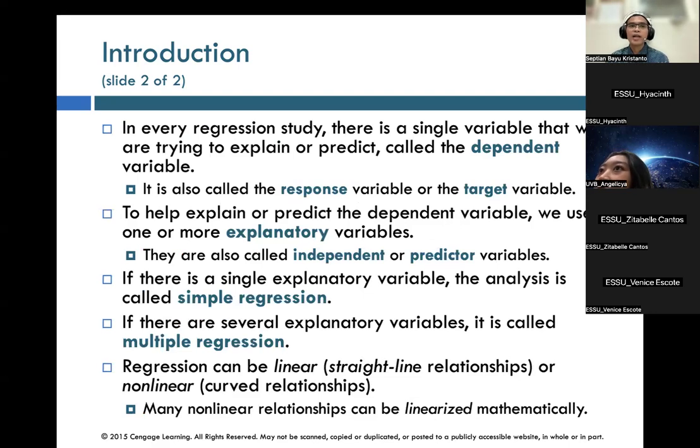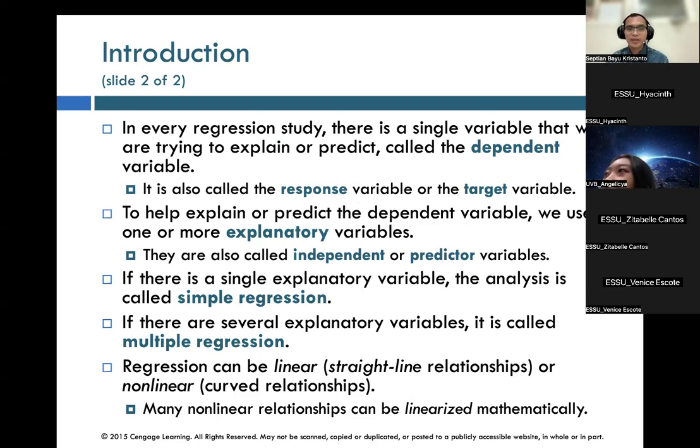So, when we are predicting the correlations or relationships between variables, there are two kinds of variables. Number one is the dependent variable, a single variable that we try to explain or predict.